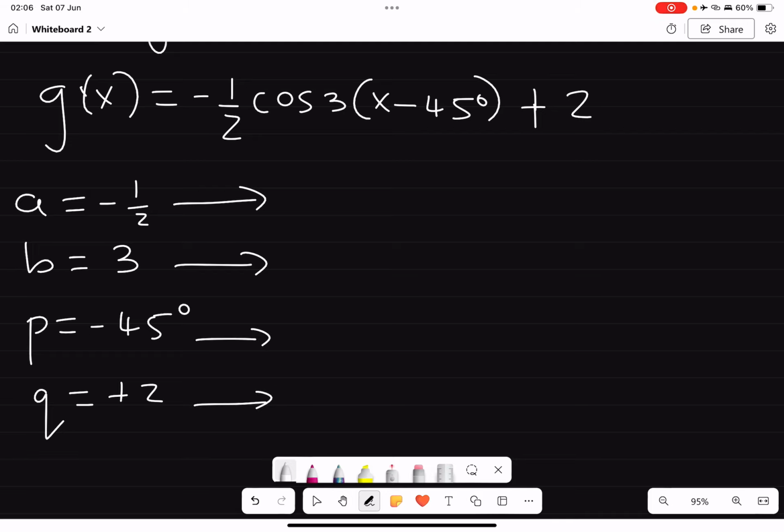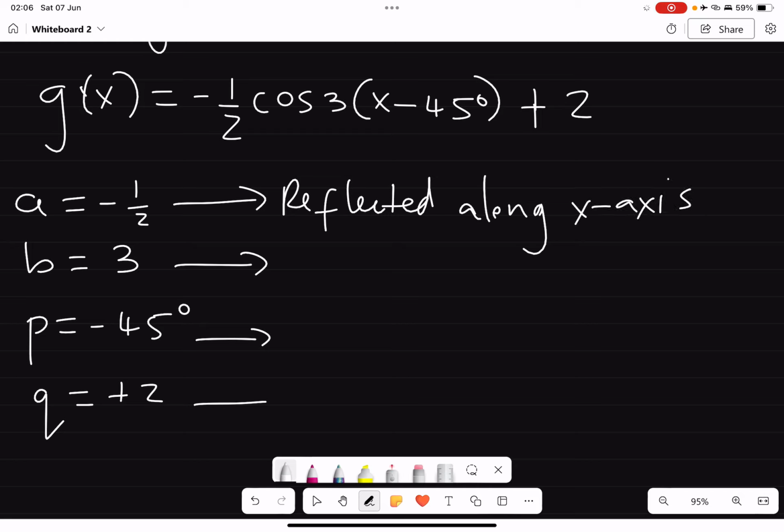Remember I said if we have a negative, it means we reflected in the x-axis, reflected along the x-axis. And then now we have half. Half basically means compression because it's 0 point something.